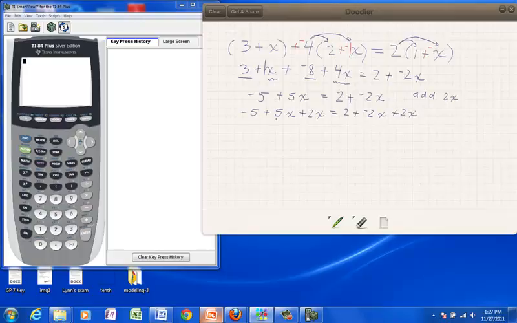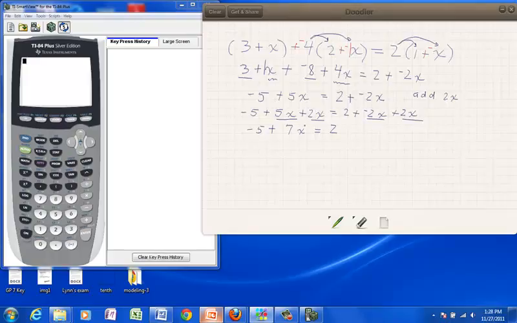So going back through, again, these are like terms. So 5x and 2x is 7x. These are like terms and they go to 0.